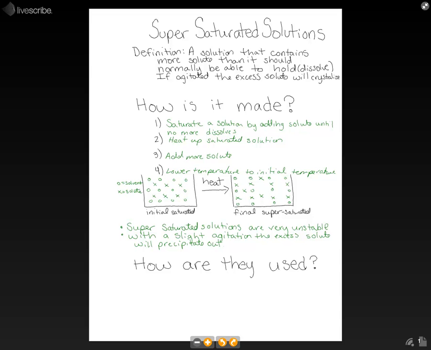And when we say slight agitation, that could mean as much as a bump, or even if there are scratches on the inside of the container, the solute can crystallize onto those scratches.